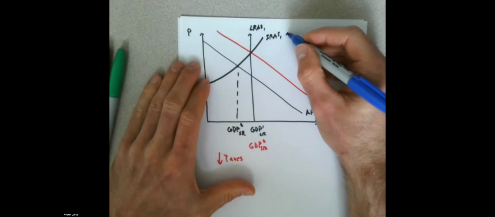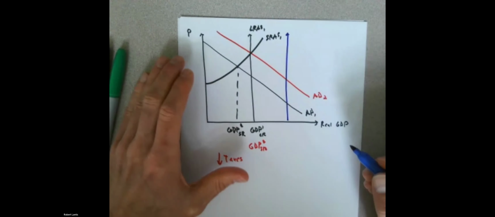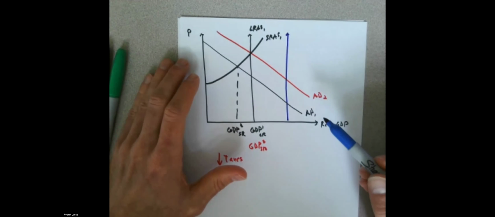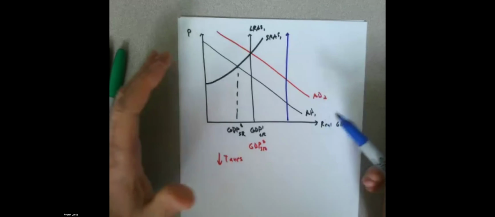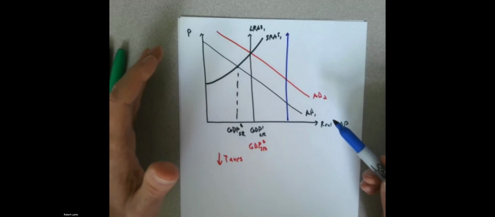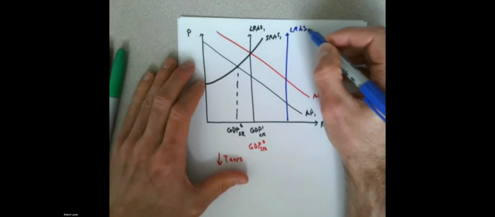And once again, here we see something that looks like this. I would give you a simplifying assumption here on the quiz or exam, similar to what we had before, which is assume that there's no change in the short run aggregate supply initially. So if that was the case, we'd be looking at something like this.